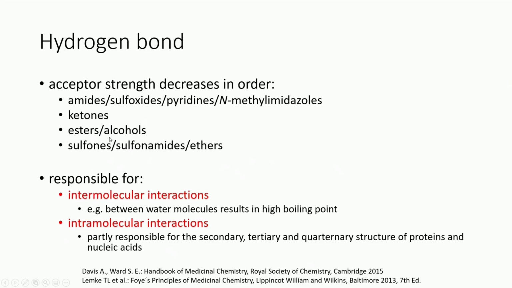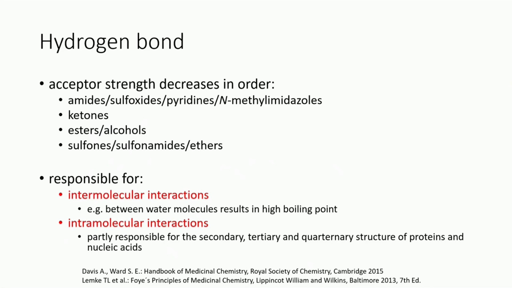And as I mentioned, this type of interaction is very important, especially for drug action. It might be responsible for intermolecular interactions, for example between water molecules, which results in the high boiling point of water. And hydrogen bond is also responsible for intramolecular interactions, which is typical, for example, for the targets.